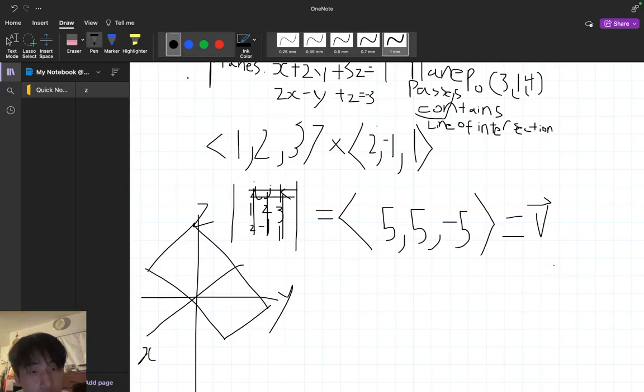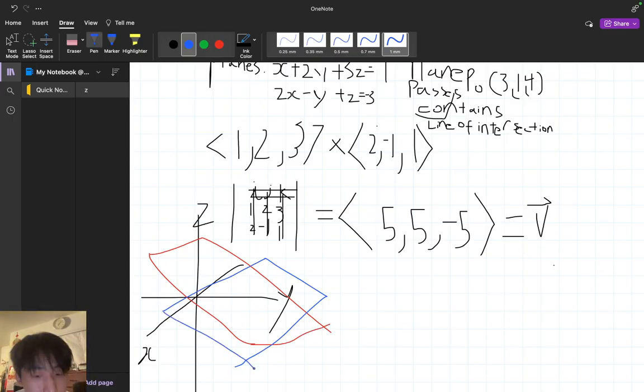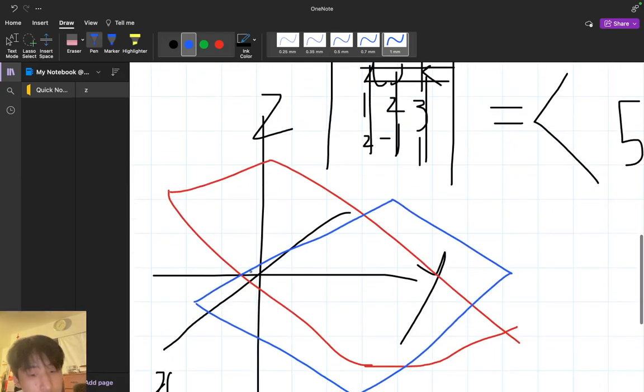And then we had, actually I'll do it in a different color, another plane that does this. So where I'm getting at is that if you can see, these planes are infinitely going that way and that way, by the way. For the red, it goes that way and up.